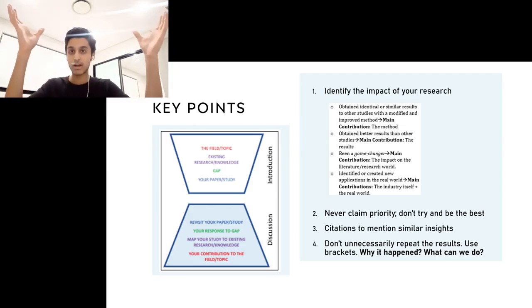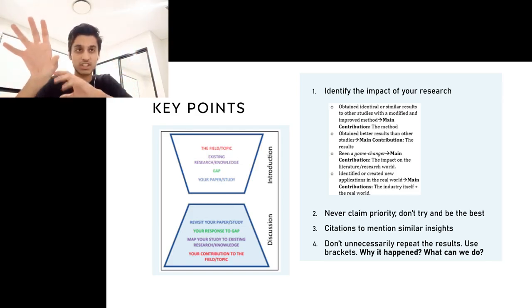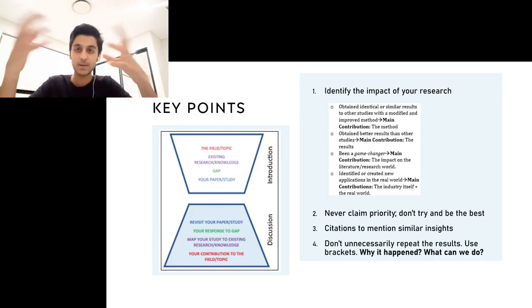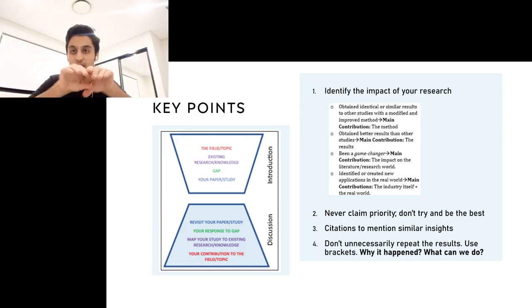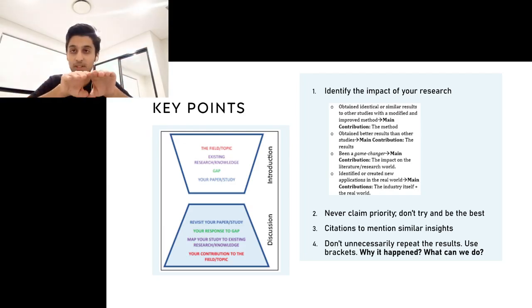So I start off by talking about classical physics. I'll begin with classical physics, take a small section, astronomy, in my introduction. Then I'm going to identify a gap in astronomy. I'll say Newton's universal law of gravitation does not apply on planets, even though it does. And then in the discussion, I'm going to talk about what my paper talks about. Then I'm going to say this is why Newton's universal law of gravitation does not apply to planets.